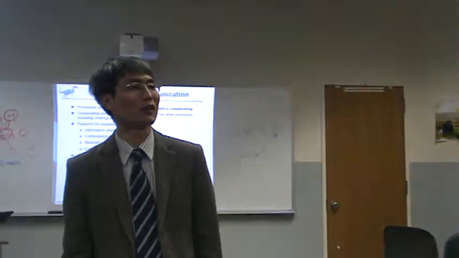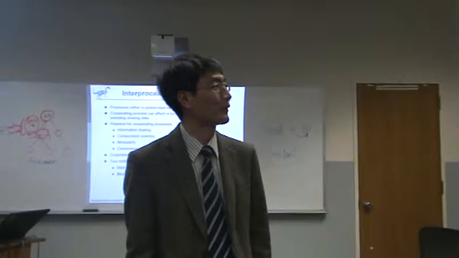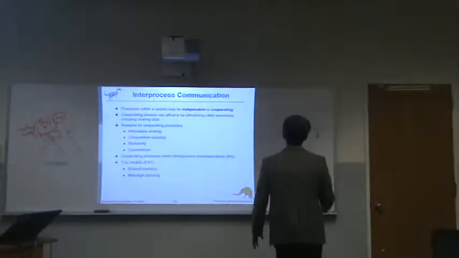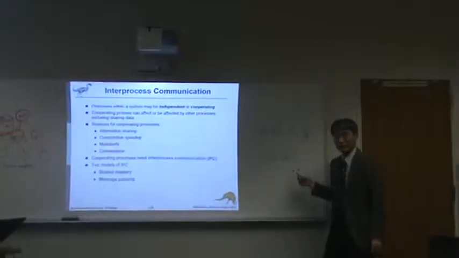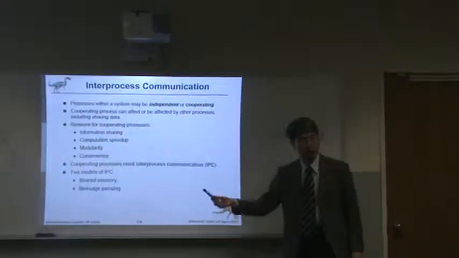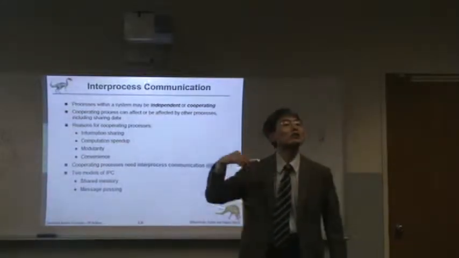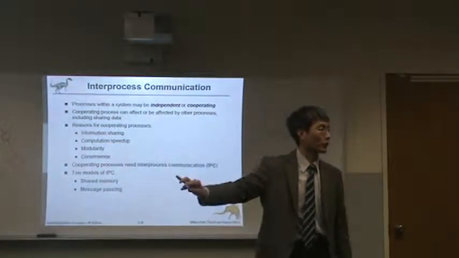So that's too easy. You can even use a global variable for communication, right? So if you want to use such a virtual machine based approach, when you create the child process, you need to create a separate virtual machine. Okay?